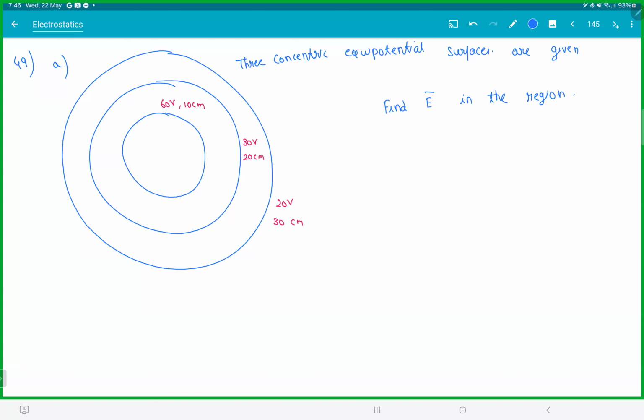Two things, you need to find the magnitude as function of distance and you need to find the direction also. Can someone tell me the direction? That's the easiest one. Radially outward. Radially, now first thing, it should be perpendicular, but the doubt is inward or outward.